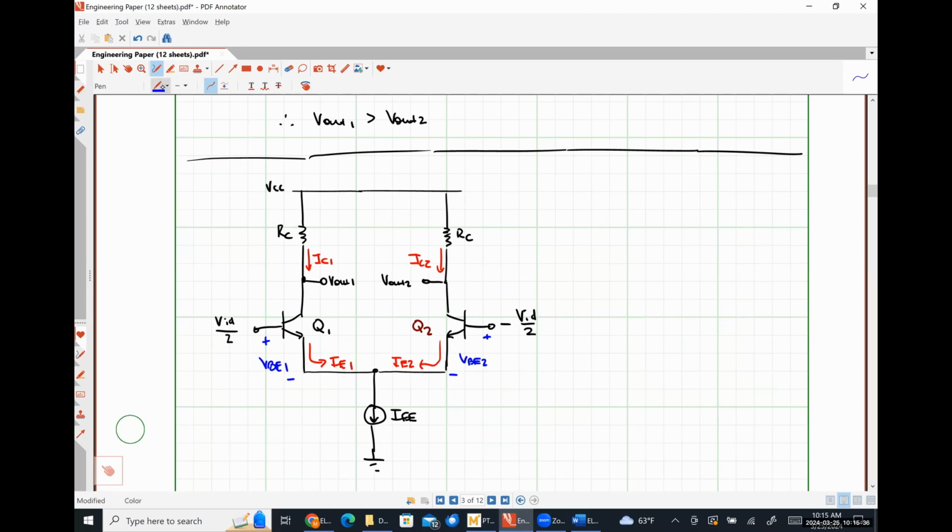And just to be very, very clear, our goal is to get our output differential mode voltage as a function of our input differential mode voltage, which as an intermediate step is going to require us to find our output differential mode voltage as a function of the change in the collector currents on both sides.